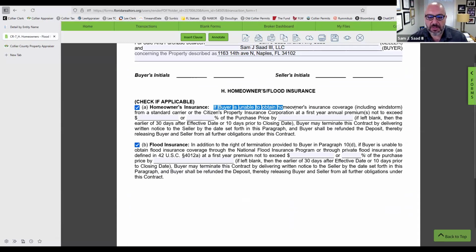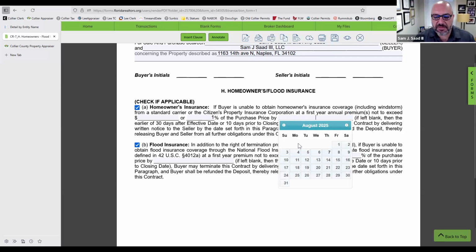If the buyer is unable to obtain homeowners insurance coverage from a standard carrier or Citizens, with a premium not to exceed so much, and let's just say 2% of the purchase price, or 1% of the purchase price, that's a lot of money. You pick your date by which the flood insurance, the homeowner's insurance must be determined. Let's go out 2 weeks.